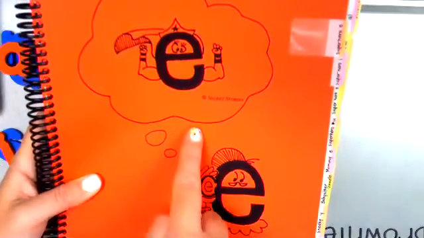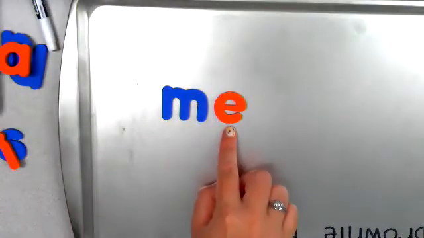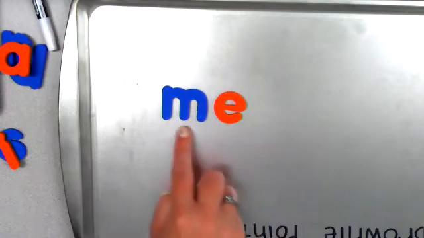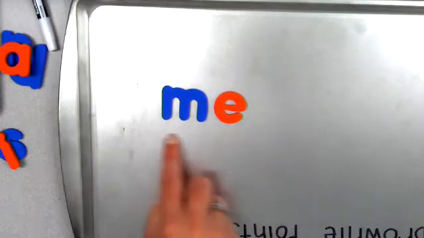So sometimes when we see an E in a word and it says its name, that's what the superheroes say. So this is a superhero E. That's why it says its name. M-E, me. You make it.